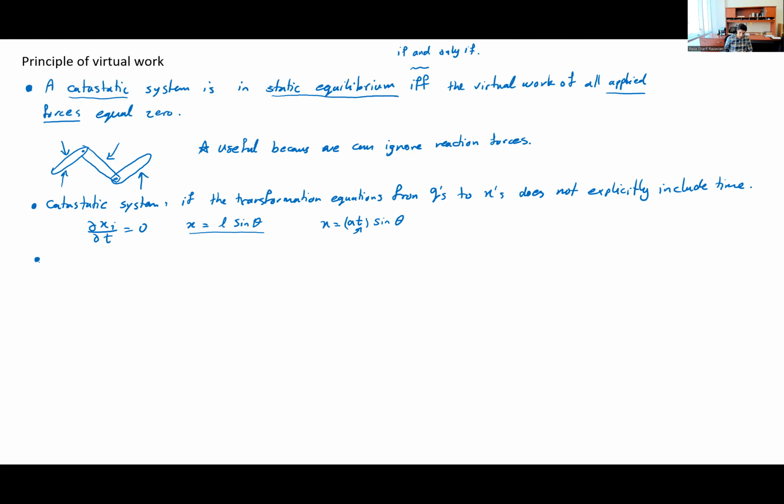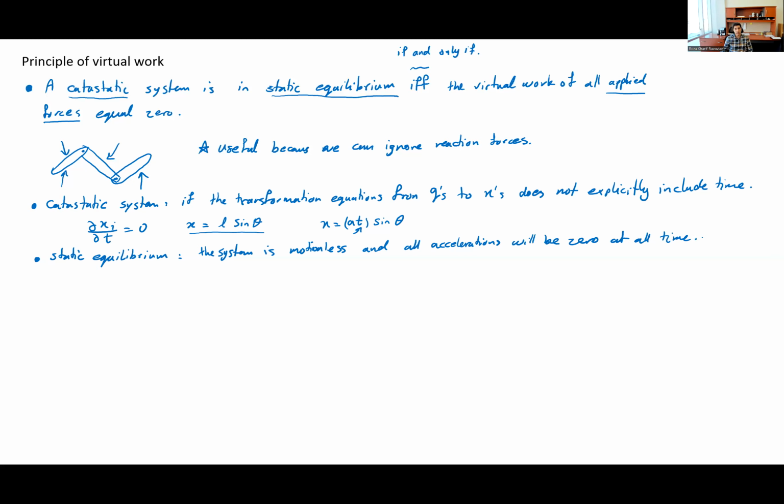Another definition is what do we mean by static equilibrium? Equilibrium means the system is motionless, and all accelerations will be 0 at all times.